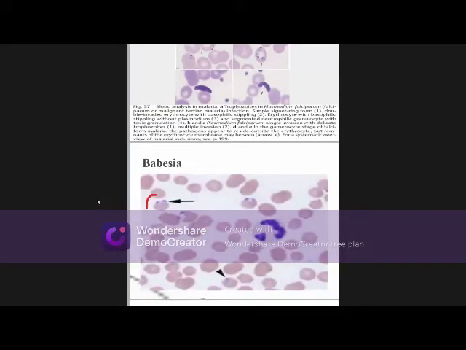Look at the picture, it supposedly looks like malaria. The difference is that, number one, Babesia is caused by ticks, unlike malaria, which is transmitted by mosquitoes. This is a tick bite. Okay? And although it's not that visible in this picture, what makes Babesia different from malaria is that if in malaria you have ring forms, in Babesia you have this thing called the Maltese cross formation, which you only see if there is infection with Babesia.